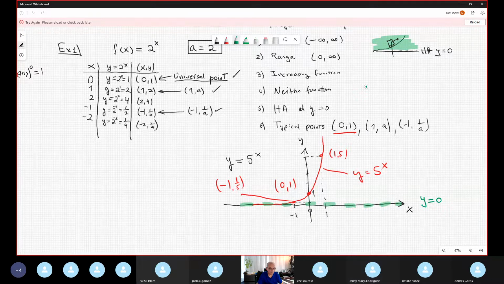Yes. And what about the end behavior? Well, remember, end behavior is the y value when x approaches positive infinity or negative infinity.